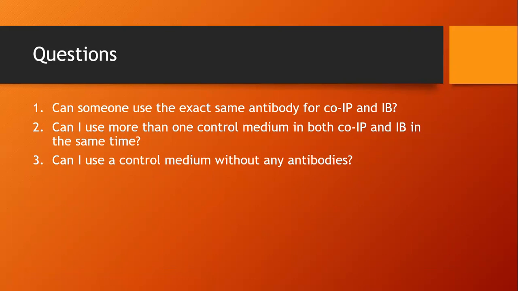And finally, can I use a control medium without any of the antibodies? These are the three questions that I came up with as I was reading about the co-immunoprecipitation and immunoblotting techniques.